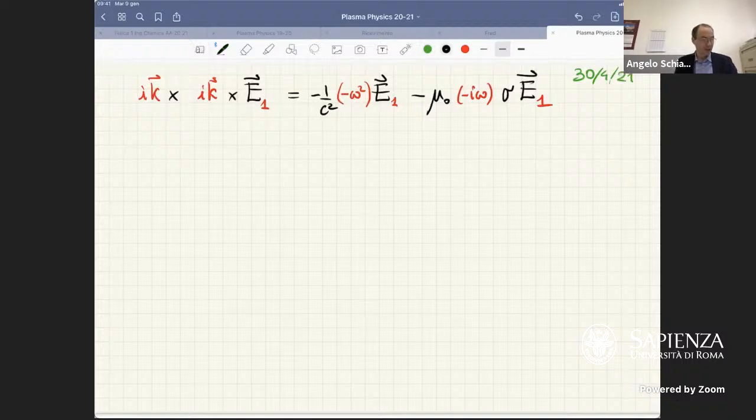Okay, and what's next? We define what is called a dielectric function, collecting these terms here that are in front of the electric field. So if we define the dielectric function epsilon, sorry, this is the dielectric function.